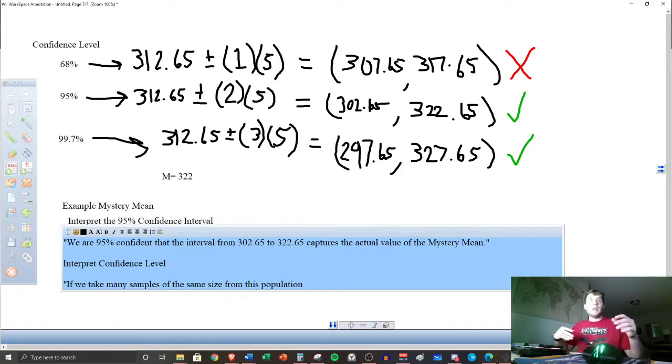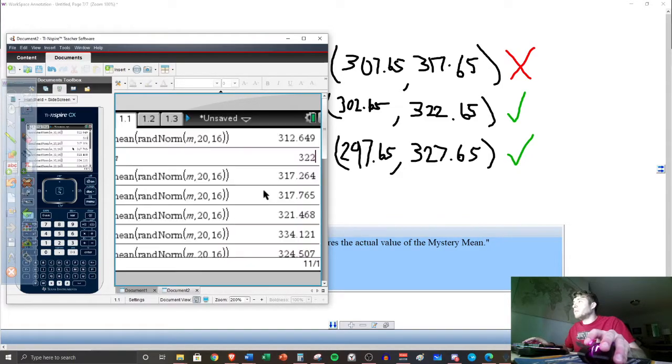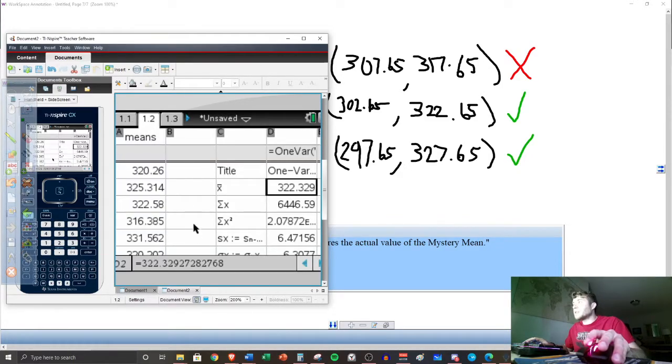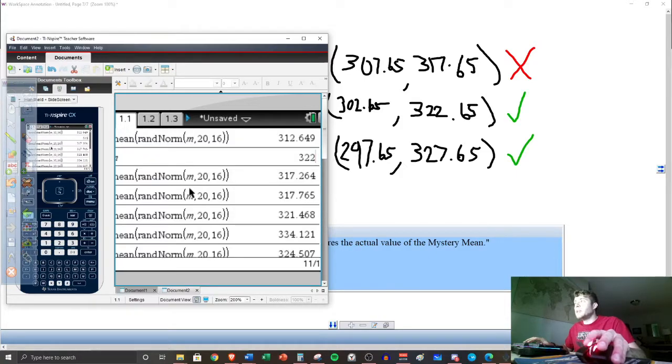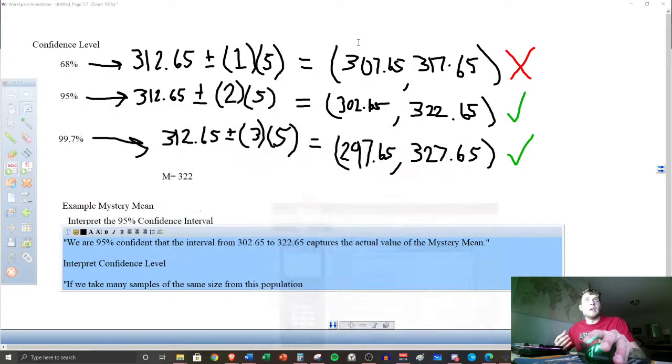Okay, that means we're making a sampling distribution, right? And we talked about that with the calculator, and I pulled up and made a sampling distribution, right? If we take many samples of size 16 from the population, it was creating a sampling distribution, okay? But we only did one.